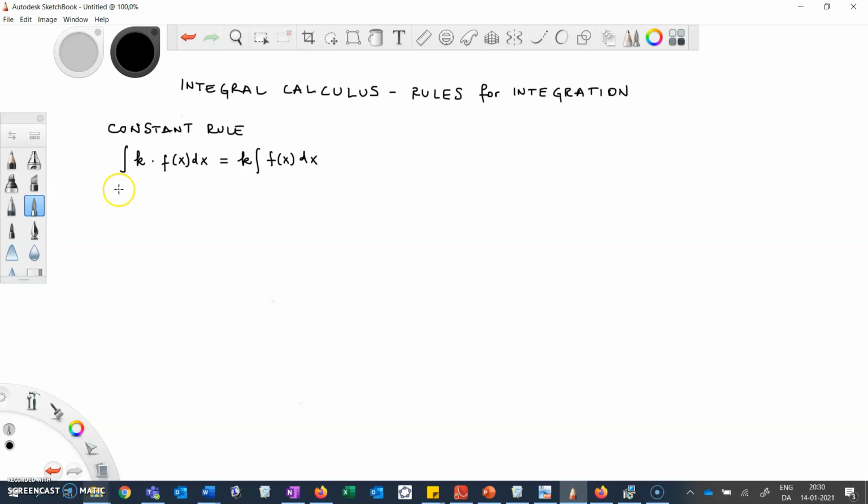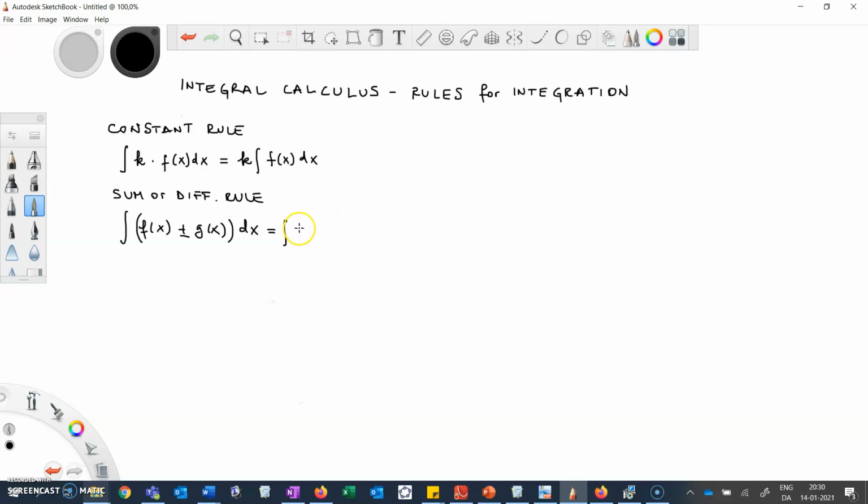The other rule we're going to see is the sum or difference rule. The sum or difference rule tells me that if I have an integral of a sum of two functions or a difference of two functions, remember parentheses here, in dx, this integral will be equal to the sum of the two integrals.